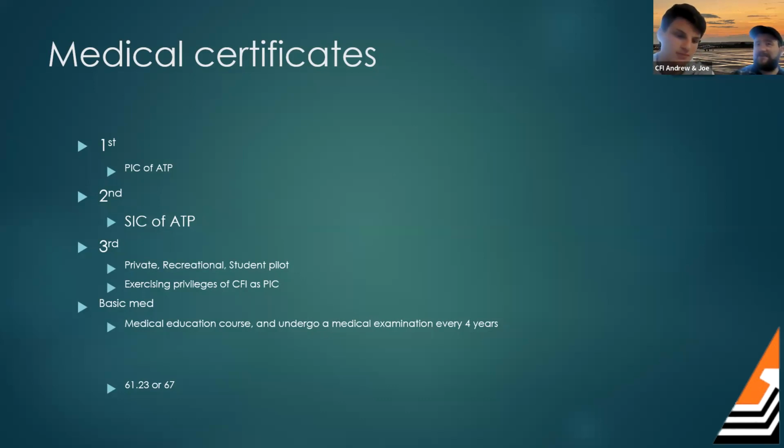And then BasicMed is Part 68. And they break down what you need. So in 61.23, they explain the length, and they put a good chart out there for how long it's good for, depending on what you're using it for, and the age requirements. Everything you need to know.